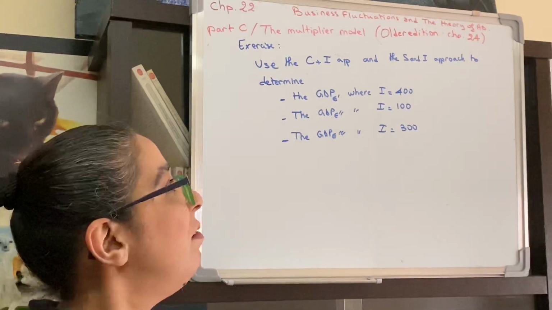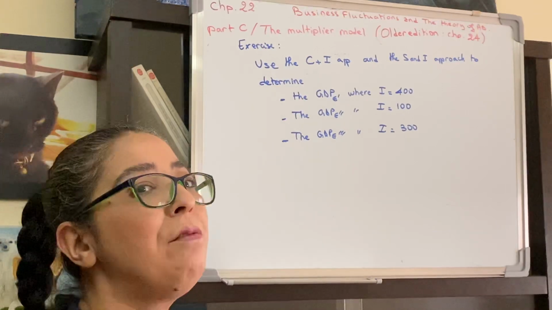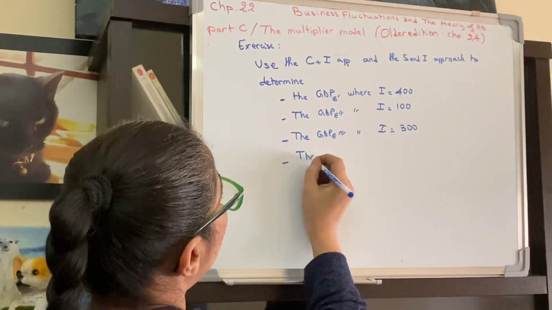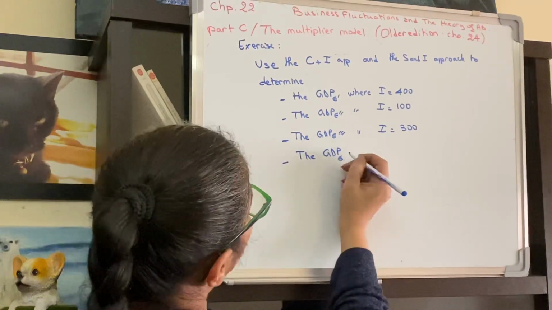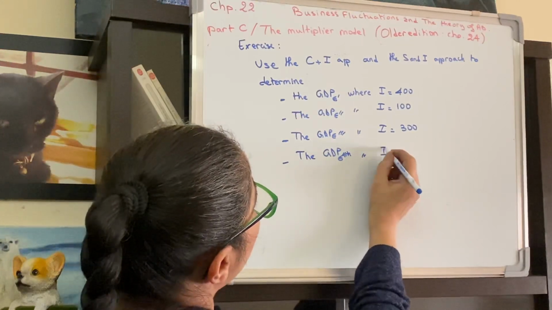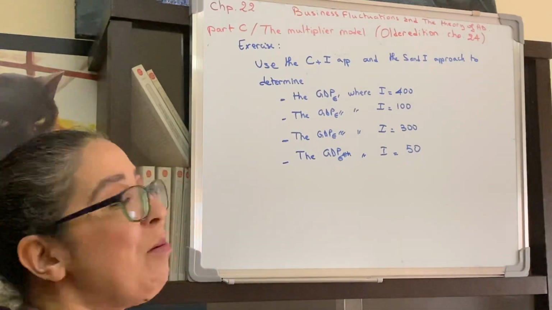Now we're gonna put a GDP that you don't have in the table. The GDP at E fourth, where I is equal to 50. You don't have it in the table, so let's see how much it's going to be.